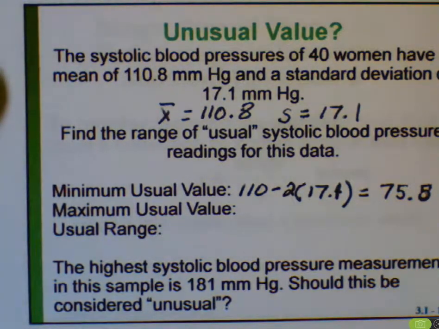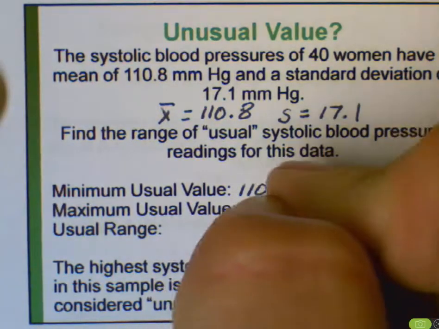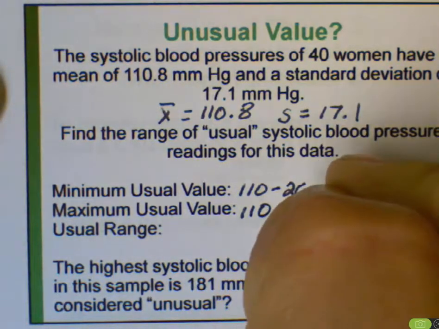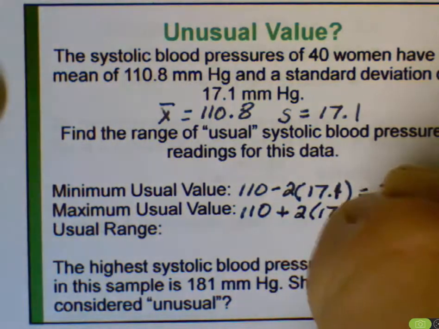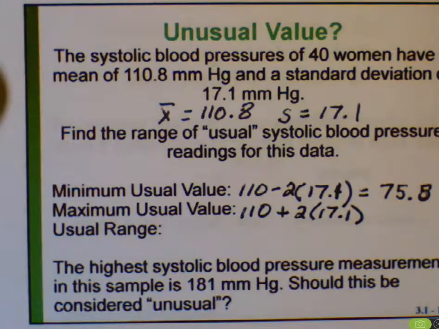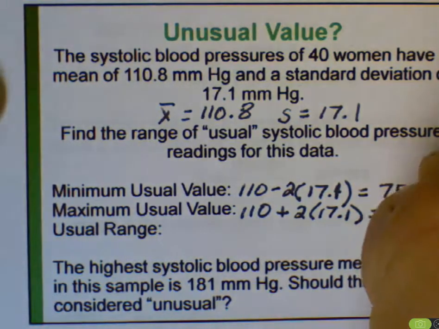The maximum usual, or non-shocking, blood pressure would be 110.8 plus 2 standard deviations. That's 110.8 plus 34.2, and that's 145.